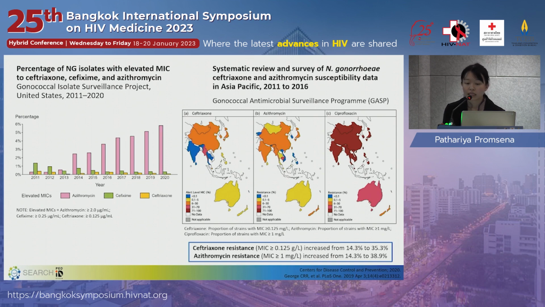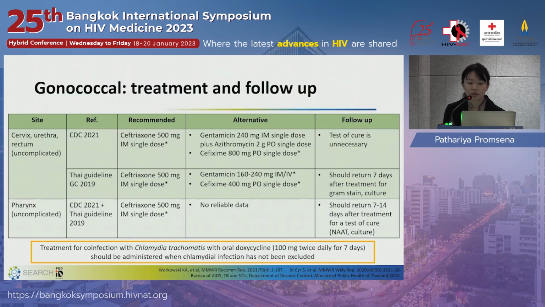This surveillance led to the updated treatment recommendation for gonorrhea. High-dose single-agent therapy with ceftriaxone is the preferred regimen. This is higher than the previous recommendation due to the concern of rising MIC worldwide, as you see in the last slide. And treatment for co-infection with chlamydia should be administered when co-infection has not been excluded.